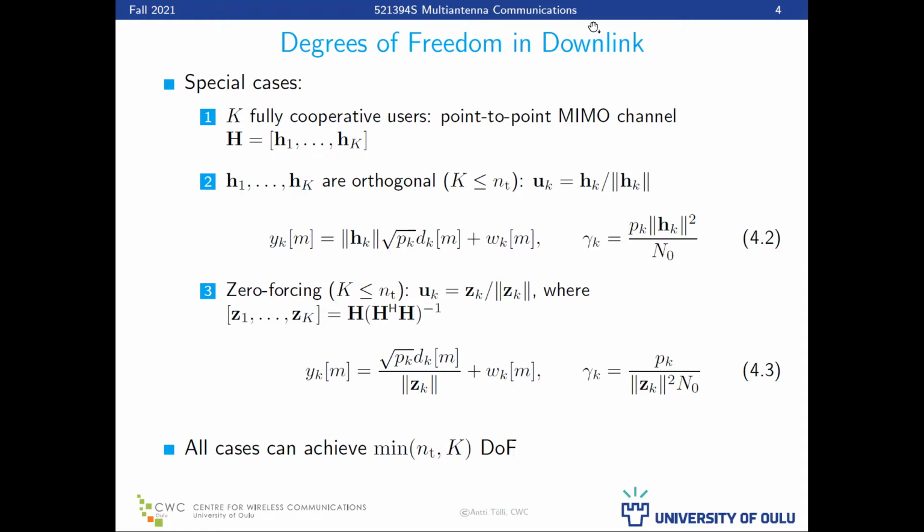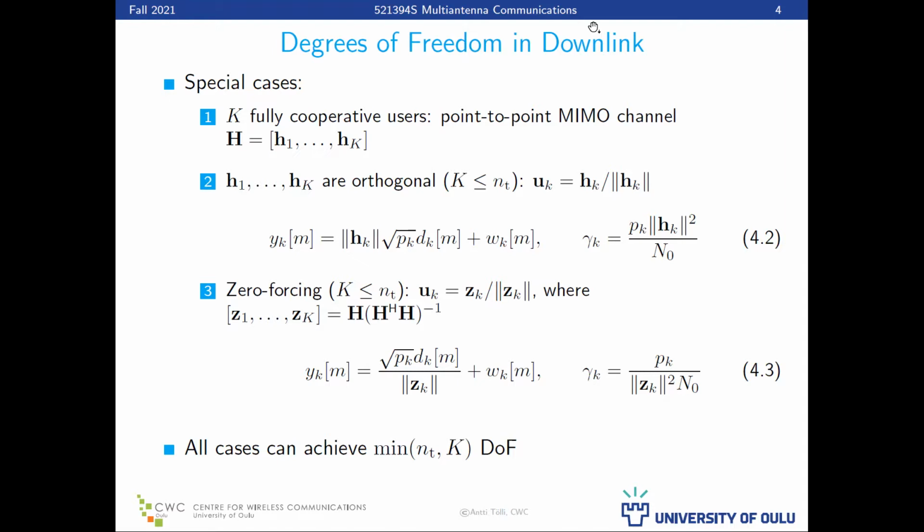And that's why you get that equivalent channel. So SNR, signal power over noise power, and you get this SINR, which is the same as in the uplink, right? When we looked at the zero forcing, at least in the point-to-point model, we discussed the zero forcing, and it's exactly the same expression.